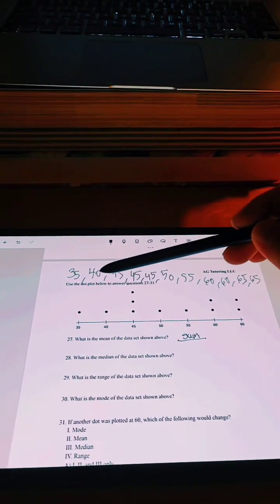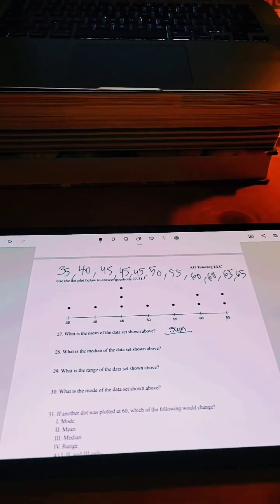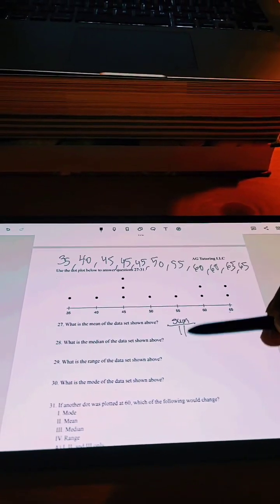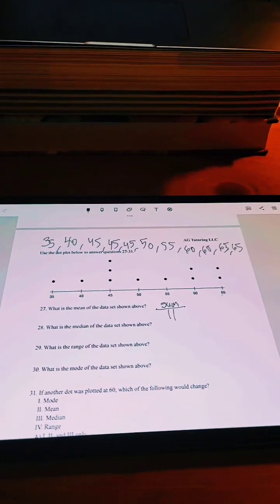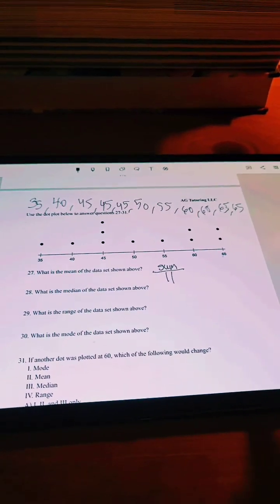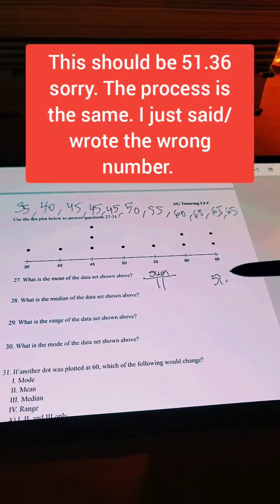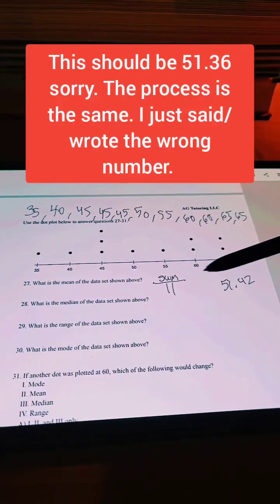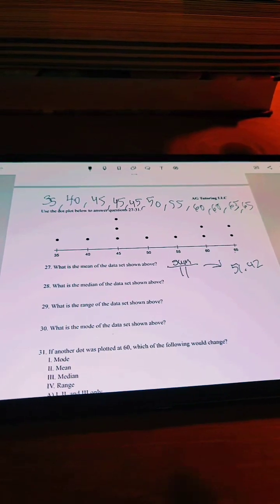There's 1, 2, 3, 4, 5, 6, 7, 8, 9, 10, 11 data points. So you would add these up and then divide by 11. When you do that, you're going to get 51.42 as your mean.